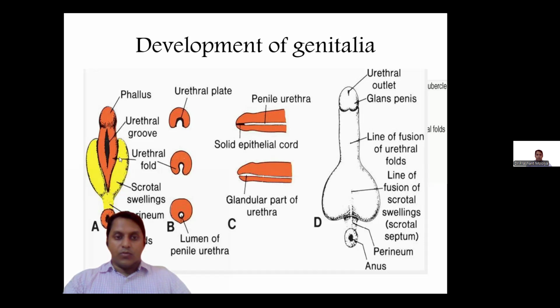So the urethral fold in the males has been fused to form a midline raphe, the penile raphe here. If there is a non-fusion of this, it may lead to a condition called hypospadias, where the urethral opening will be present in the ventral aspect of the penis.